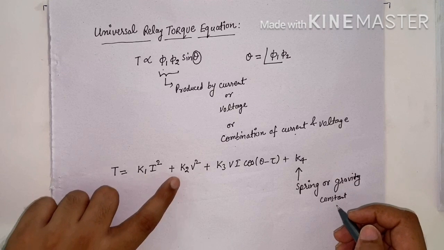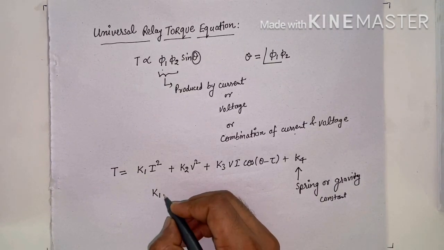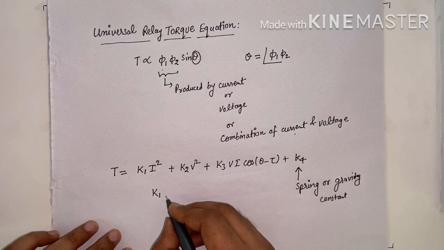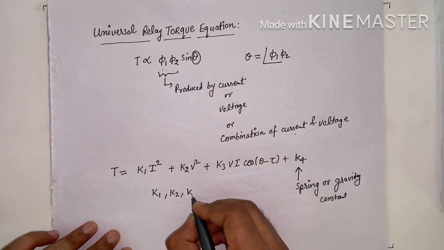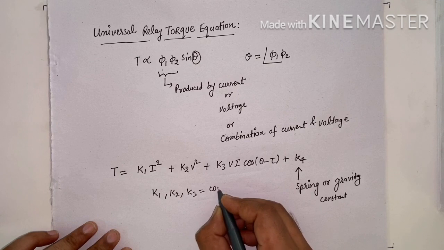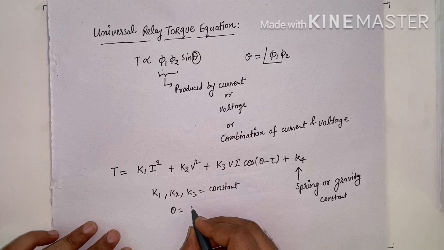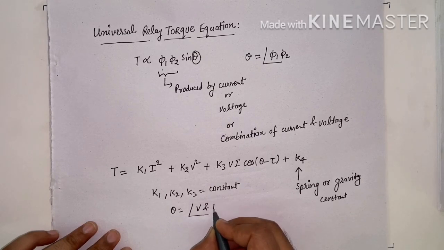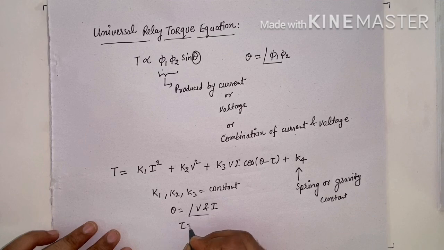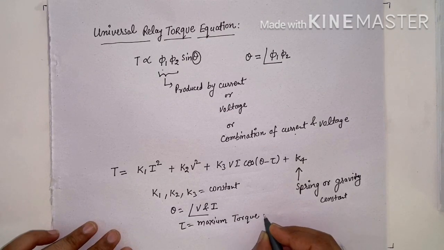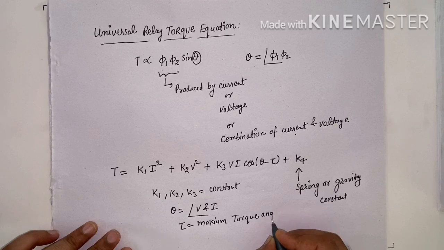Here K1, K2, K3 and K4 are constants. Now here theta is the angle between voltage and current, and tau is the maximum torque angle.